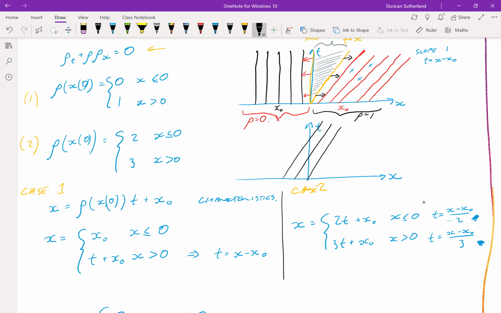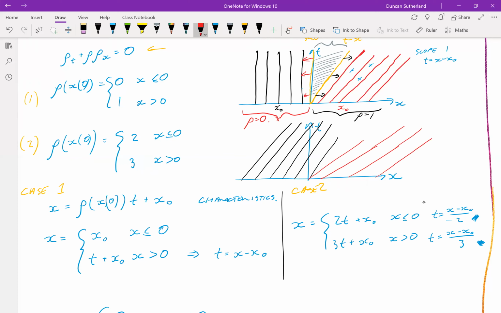So these are the steep characteristics, slope of 1/2. I'm just drawing it a bit shorter, so I've got some white space to write in. These are the steeper characteristics. Sorry, these are the less steep characteristics, slope of 1/3.